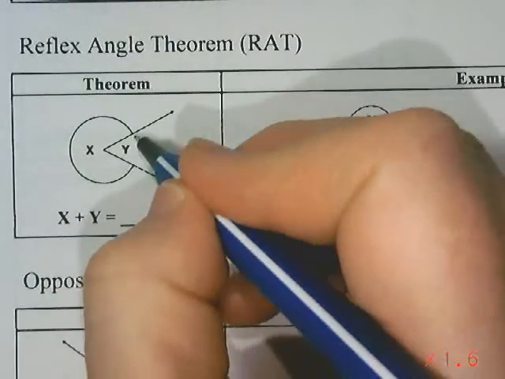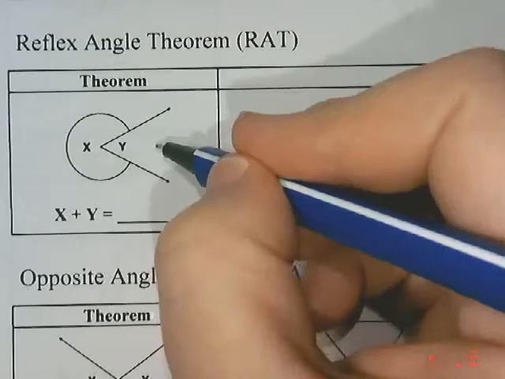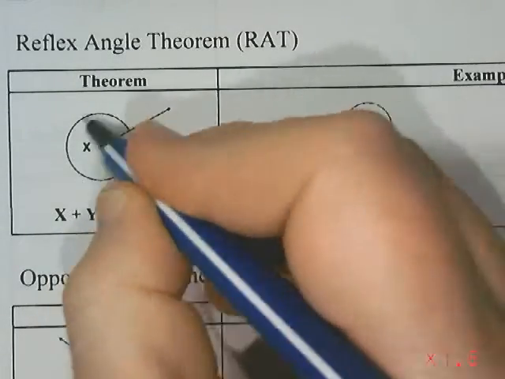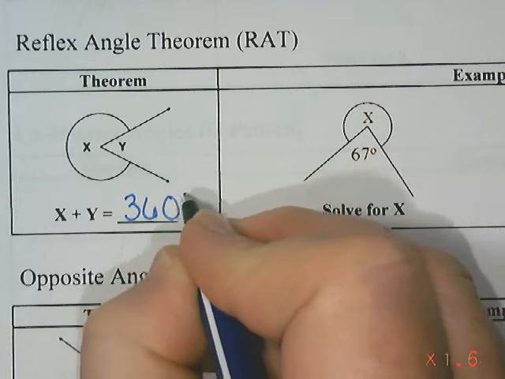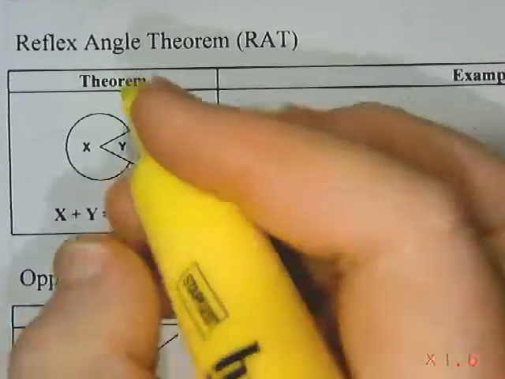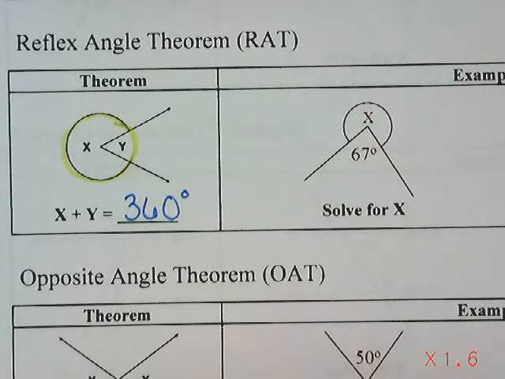So it's a reflex angle and its non-reflex side, the acute side in this case. These two together make a full circle, and full circles add to 360 degrees. Now, what am I looking for on a reflex angle theorem question? I am looking for angles that go around in a full circle. That's how I know we're using the reflex angle theorem.